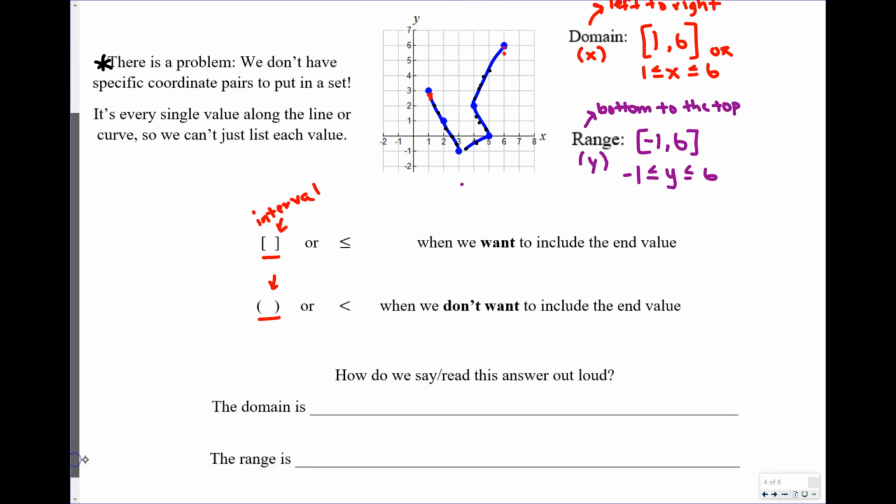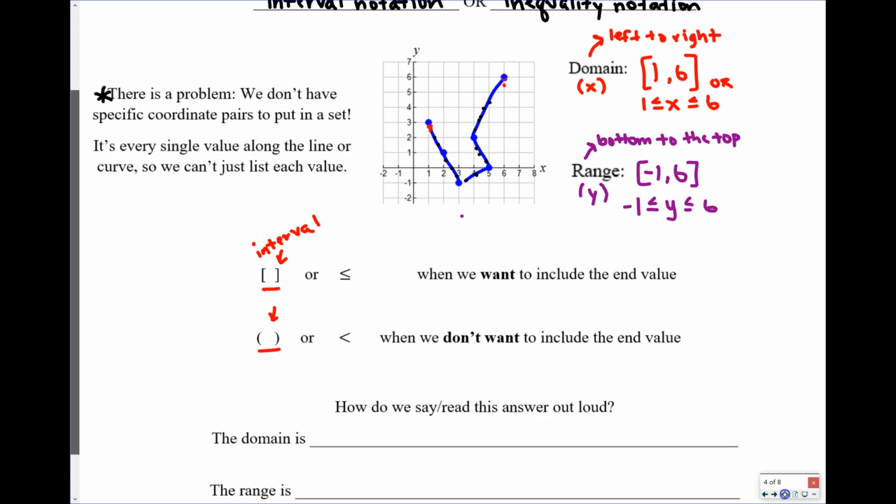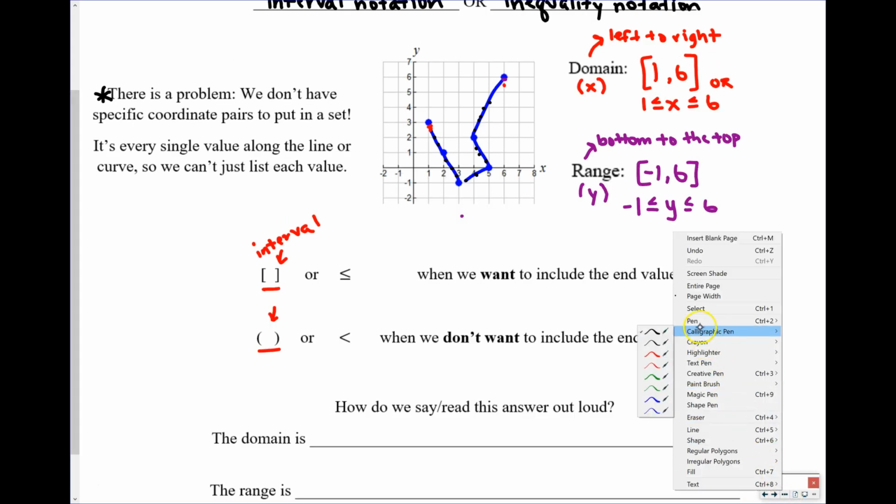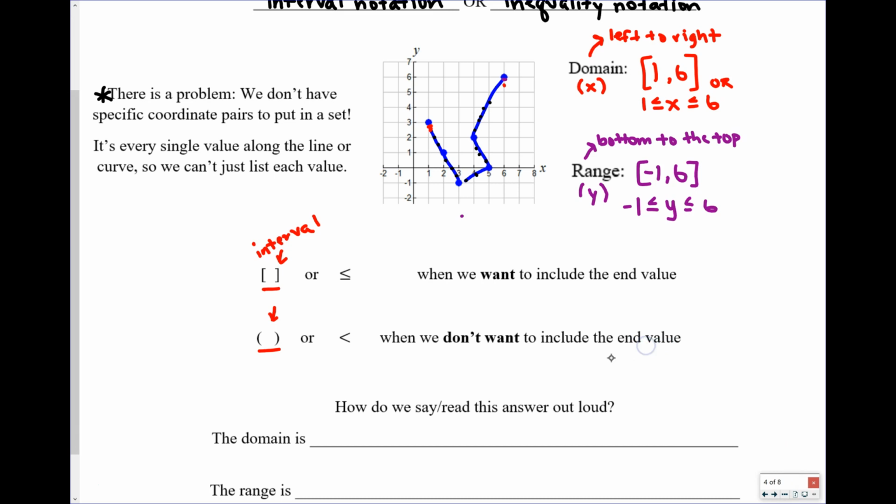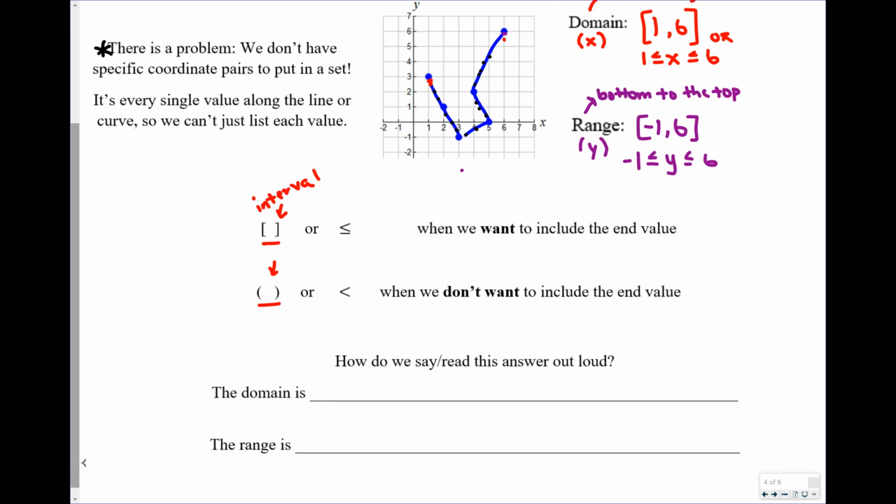So that leads me to the next part of how we actually word these two things. How do we say these things out loud to describe all of this crazy notation? So in continuous functions, to say the answer out loud or to read it out loud, I'm going to now say the domain is all values. It's all the values we can think about instead of just a set of. It's all values between, actually let's use the word between.